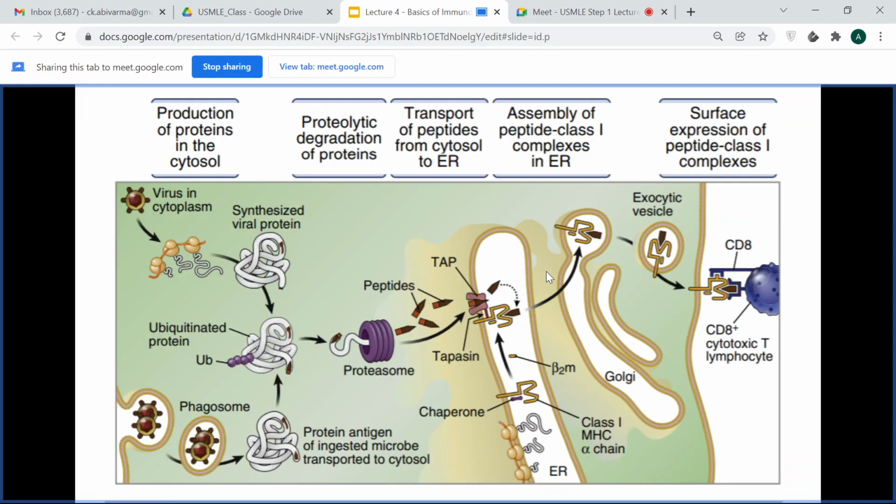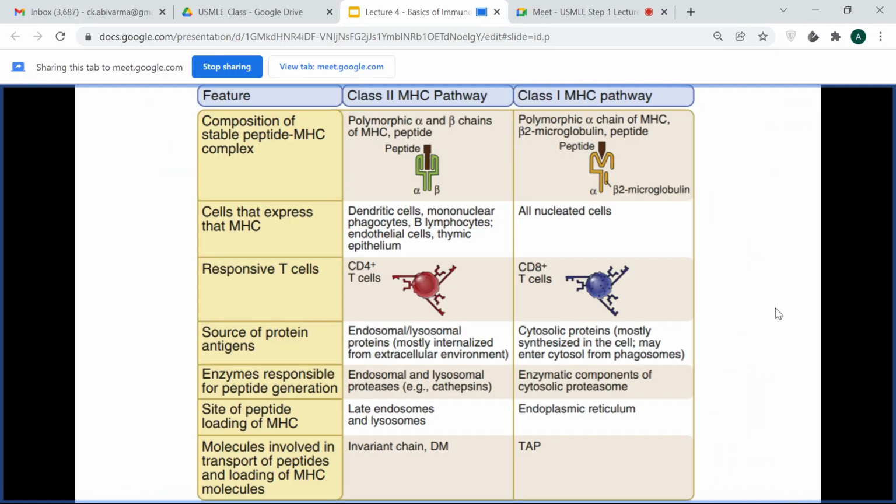Versus if it's intracellular, phagocytosis is not relevant, because the virus or intracellular pathogen will be using our own machinery to produce protein, and we'll just degrade that, put it onto an MHC class 1, and make the CD8 cell recognize it.